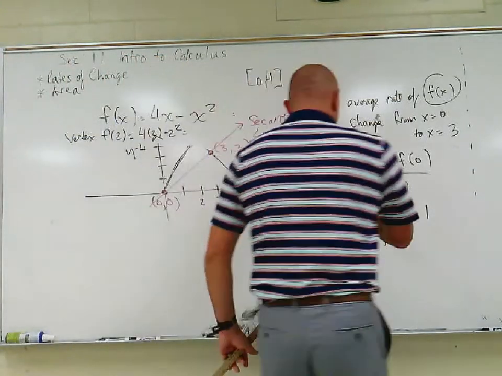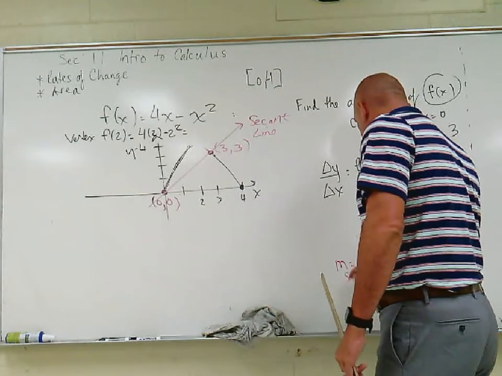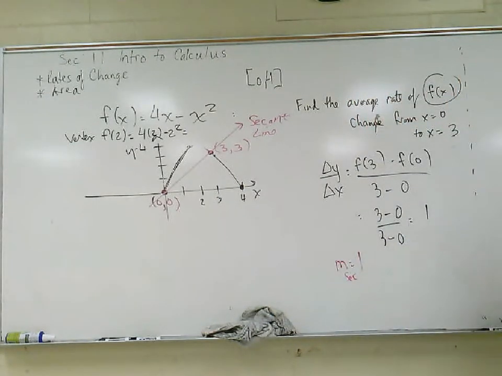So you can say delta y over delta x, or slope is 1, the slope of the secant line. And if this was some object following a path, that's maybe its average speed. Maybe it's change in height over change in position or something.